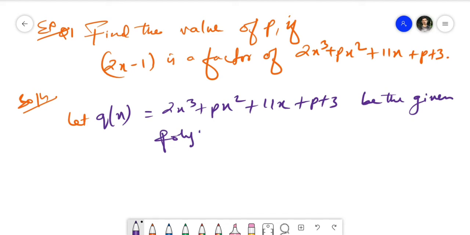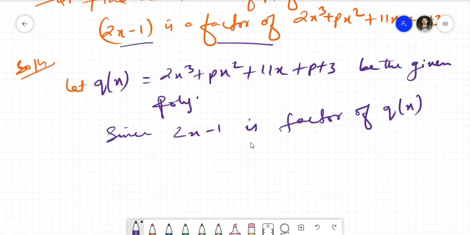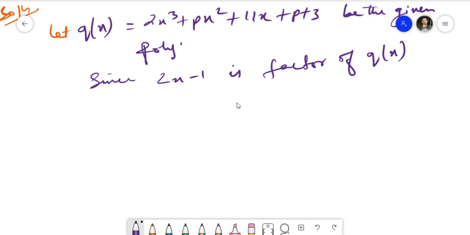Now, because we need to find the value, and they are saying this is a factor, I can write directly: since 2x minus 1 is a factor of q(x), because they said so in the question, therefore 2x minus 1 is equal to 0, and I get the value x is equal to 1 by 2.